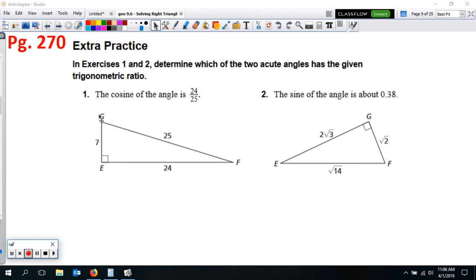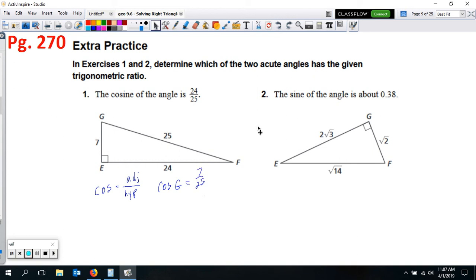We have the two acute angles, angle G and angle F. We have to remember the cosine is always adjacent over hypotenuse, the ADJ over the HYP. Let's start with cosine of G. Adjacent is going to be 7, over the hypotenuse, 25.